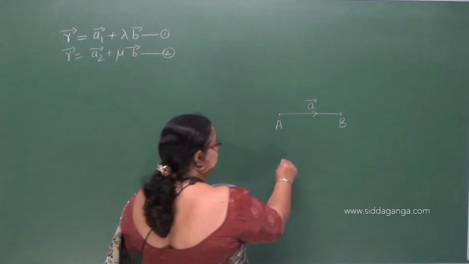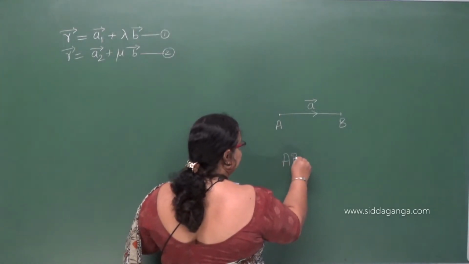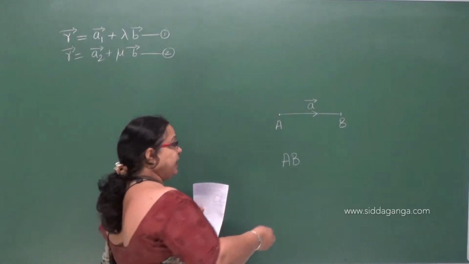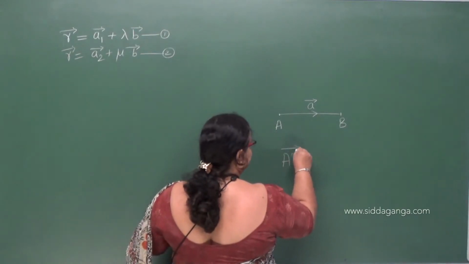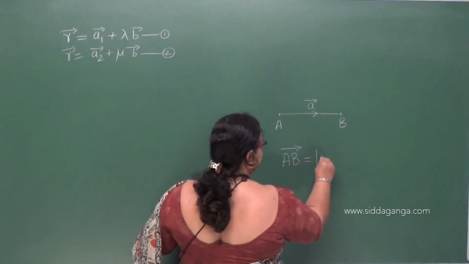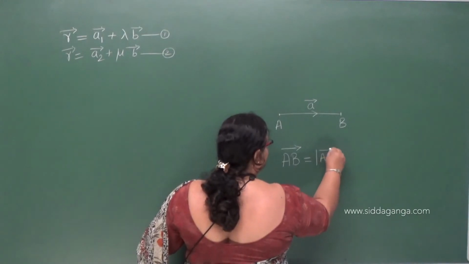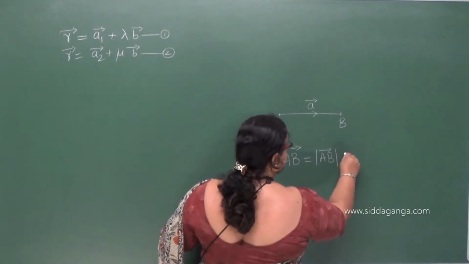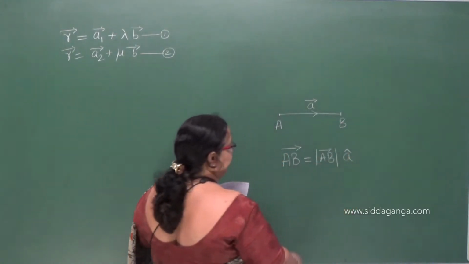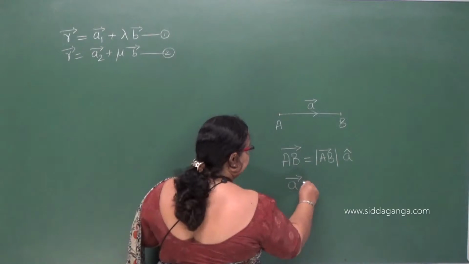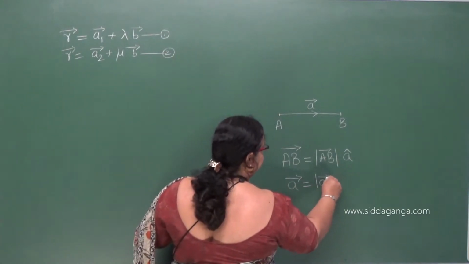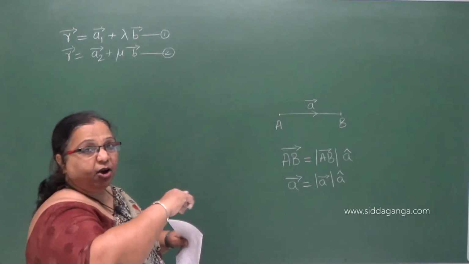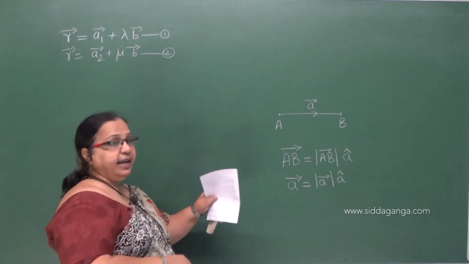When I convert the line segment AB to a vector, by definition vector AB equals the magnitude of vector AB and the unit vector along its direction, A cap. That means vector A equals magnitude of vector A, and you take the unit vector along vector A as A cap.